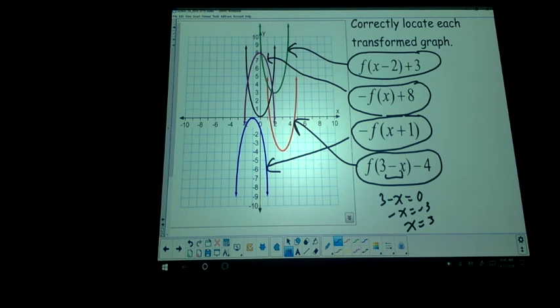Are there any questions on how that one would go when we're just taking a look at it? Again, we're just looking at the shifting right, left, up, down, and opening up or down. We're going to start looking at some of the pattern graphing, which is pretty easy to figure out.